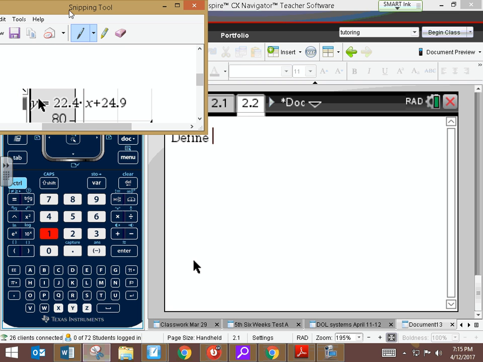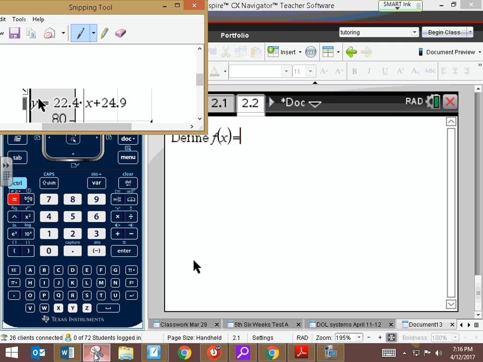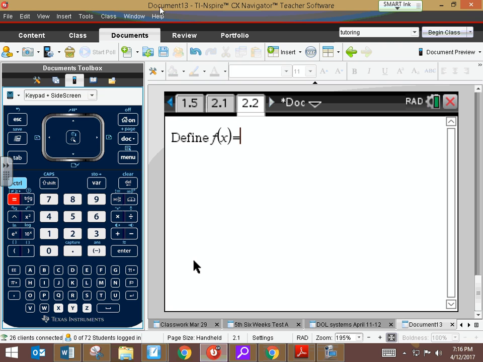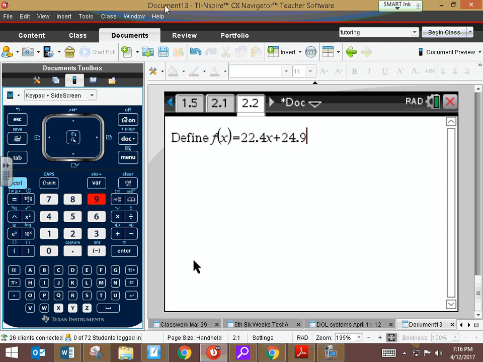Define, and we'll call it f of x equals 22.4 x plus 24.9. I believe that was plus. Let me double check. Yep, it was plus. Press enter.